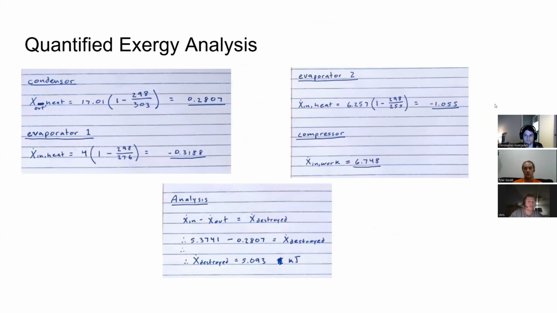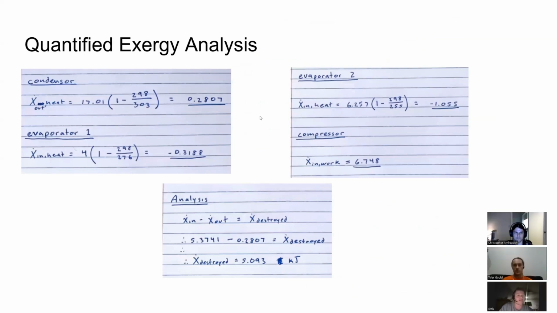So here we essentially quantify the exergy analysis. These are going to be the same equations I just described on the last slide. These values are going to be what we found for our QL1, our QL2, and our QH, which we'll go over during one of the later slides.